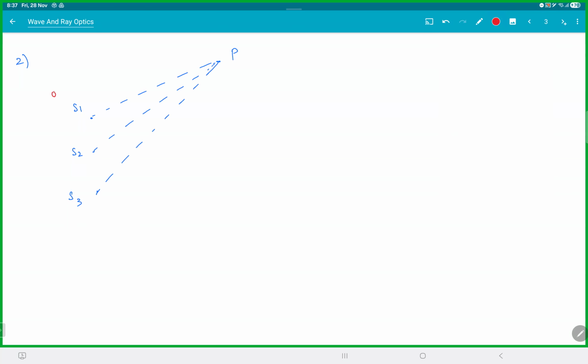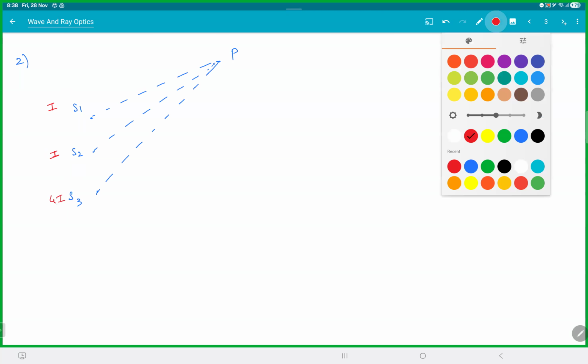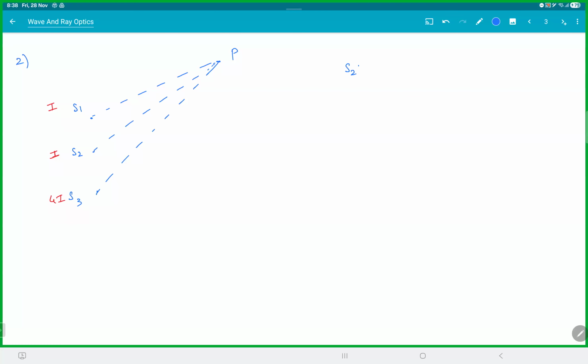Let's say this intensity is I, this intensity is 2I, and this intensity, let's say, is 4I. Let's make it the same only, maybe I, and let's say this is 4I. S2P minus S1P is lambda by 6. S3P minus S1P is lambda by 3.